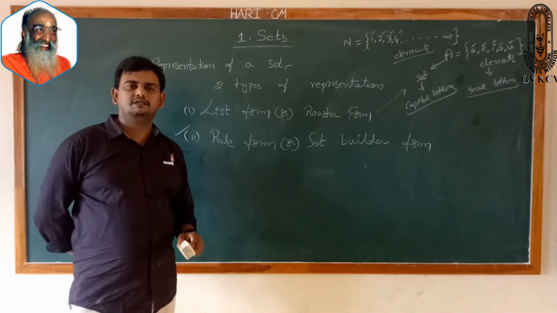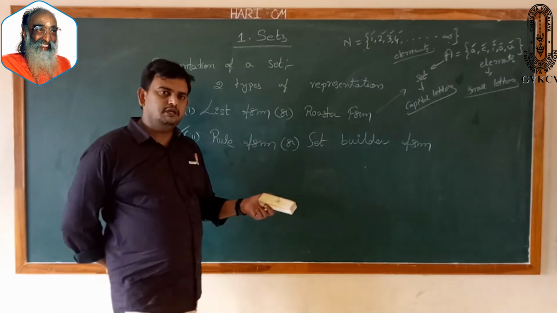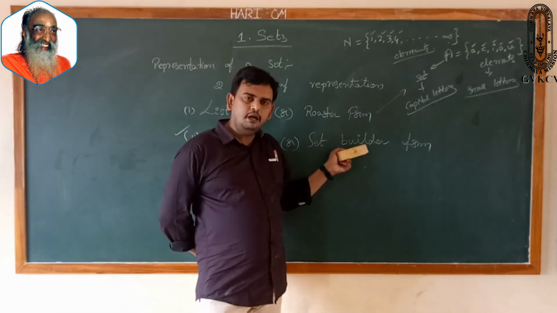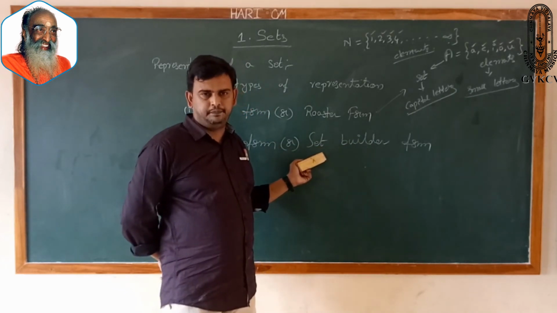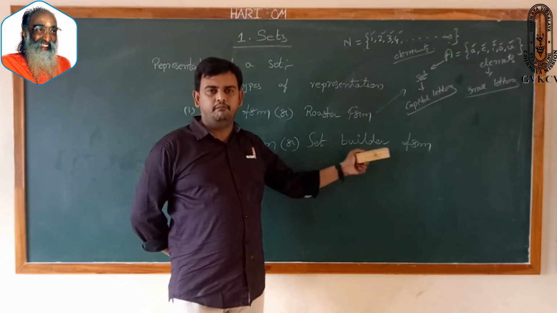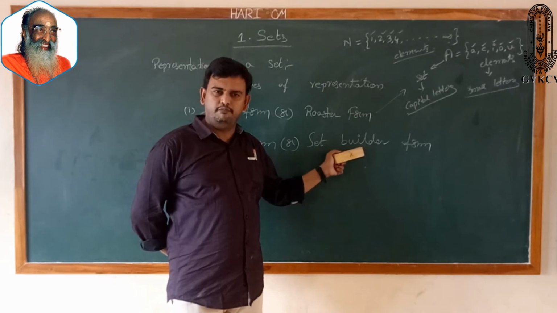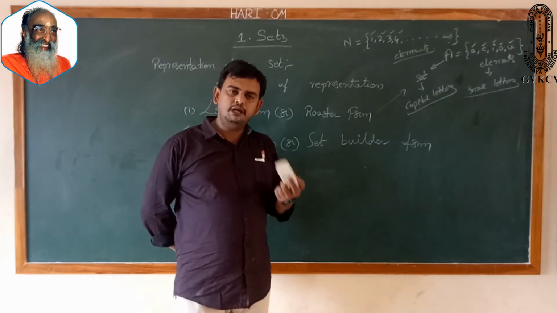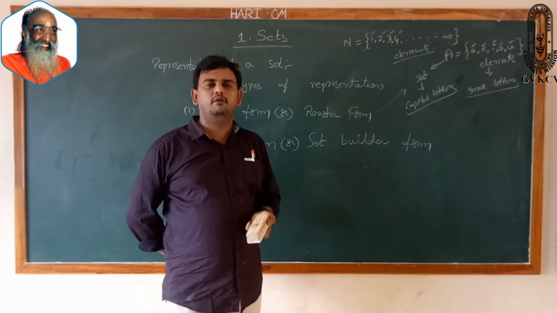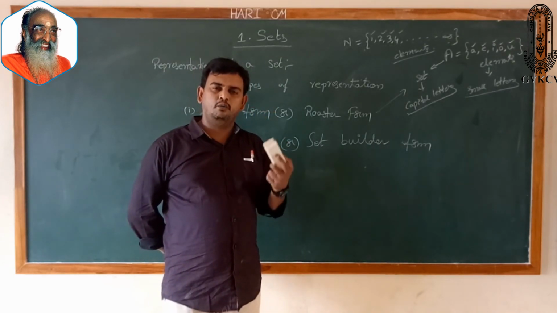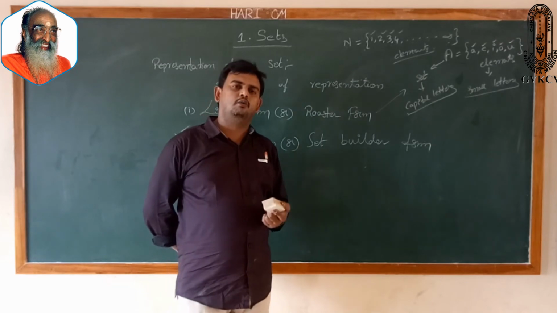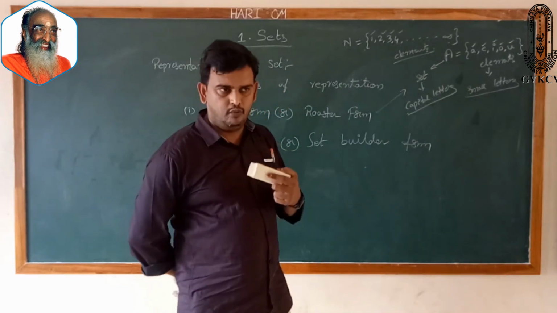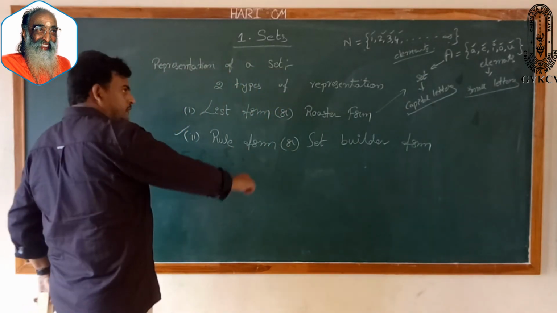Set builder means we are going to build a set. To build a set, definitely we require one formula, or one rule, or one condition. What is that? Let me explain.